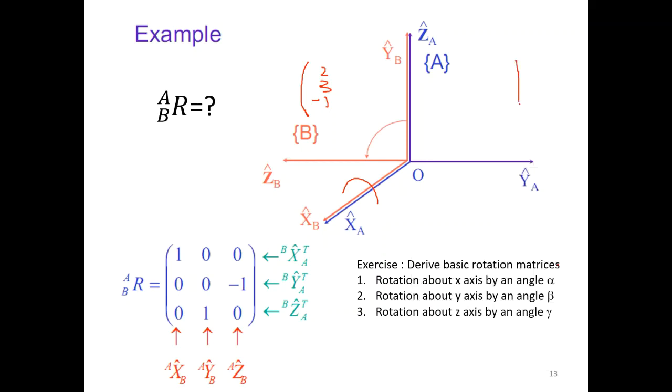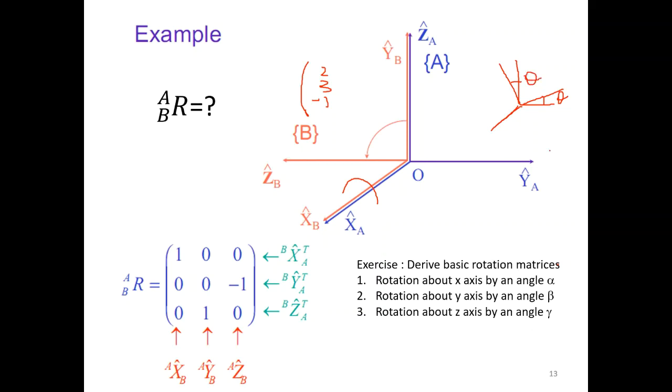Say this is the original position, and then you rotate a small angle like that. Okay, this is the second axis. So this angle is theta. So as a homework, please do this.